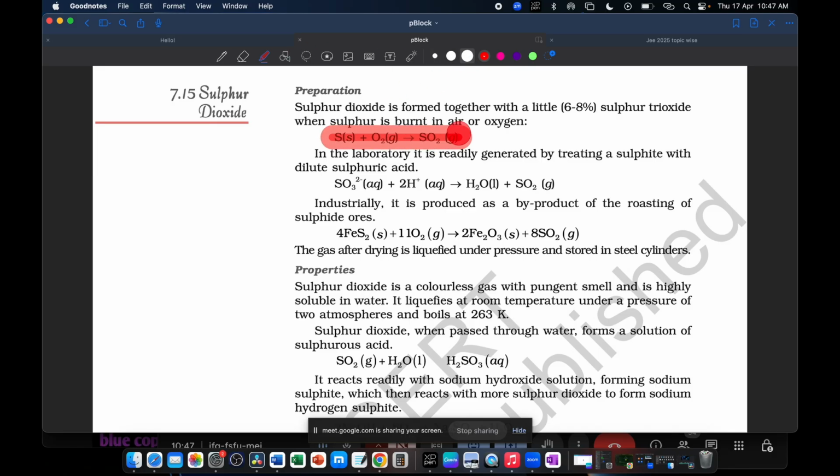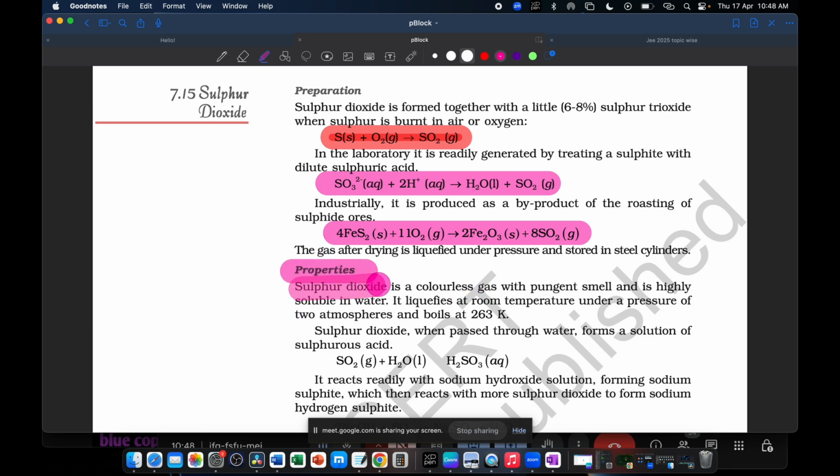In the same way, H2SO3 when heated, sulfur dioxide is formed. This reaction is important. When iron pyrites is oxidized, we will get sulfur dioxide gas.